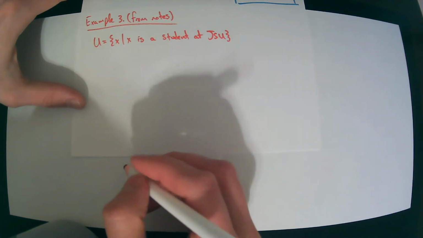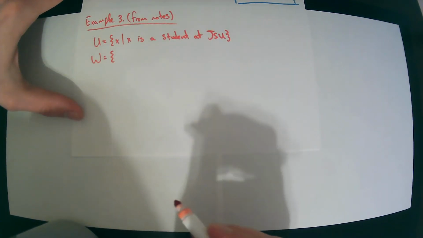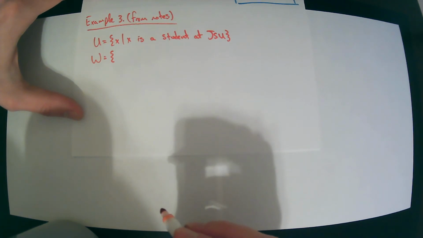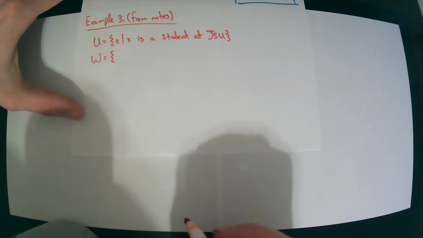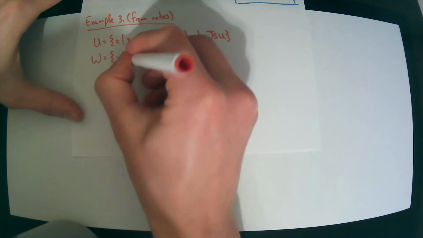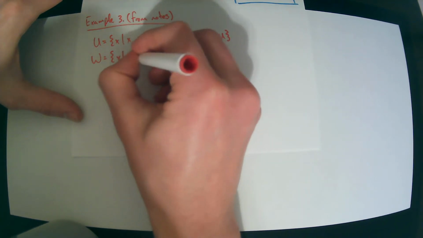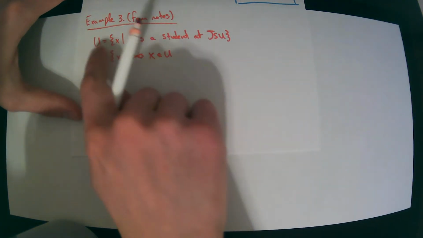And we're going to let W be the set of all students at JSU majoring in computer science with a minor in business. X is in U, first of all, so X is in the universal set.